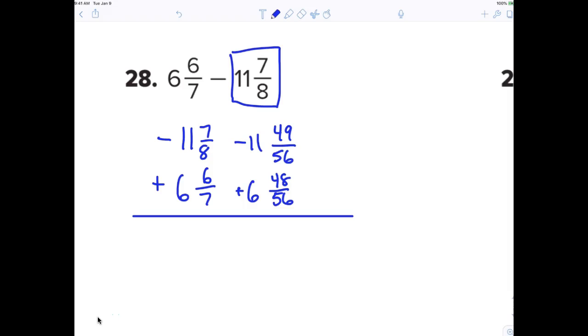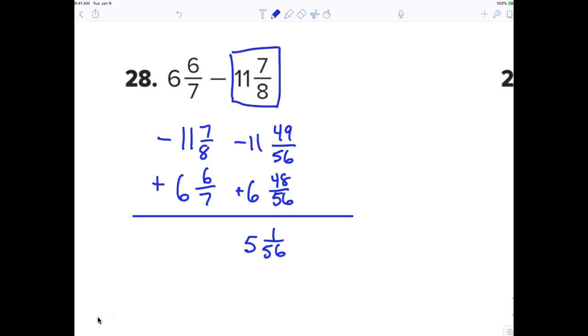And then what? Subtract. Yep. 48 from 49 and 6 out of 11. And so you're going to get 5 and 1 over 56.